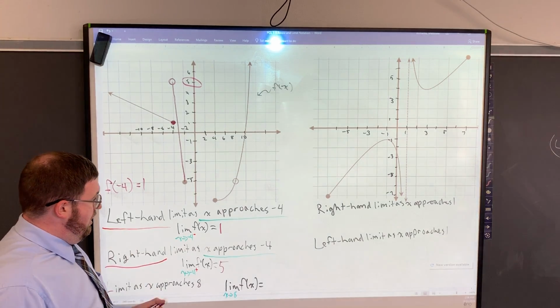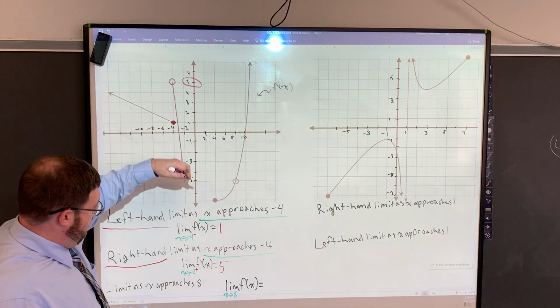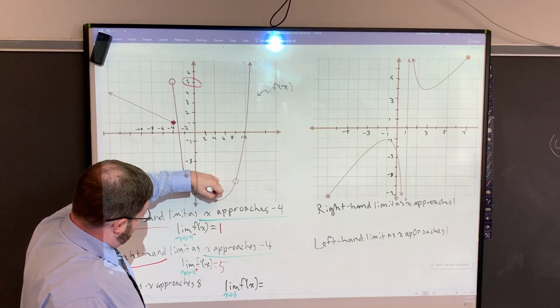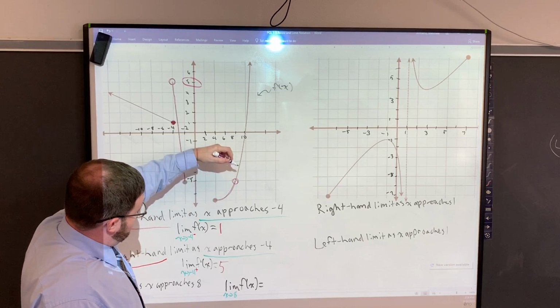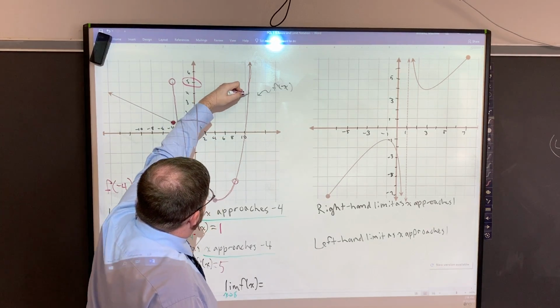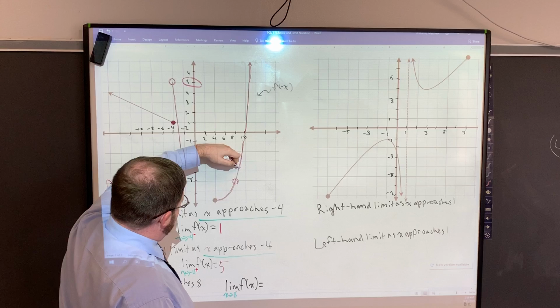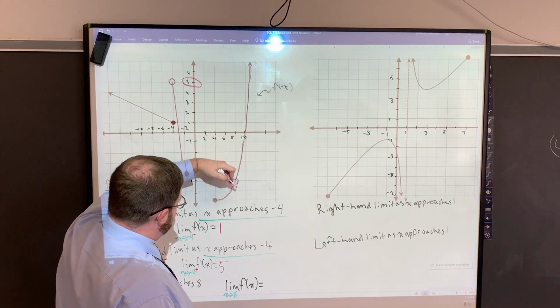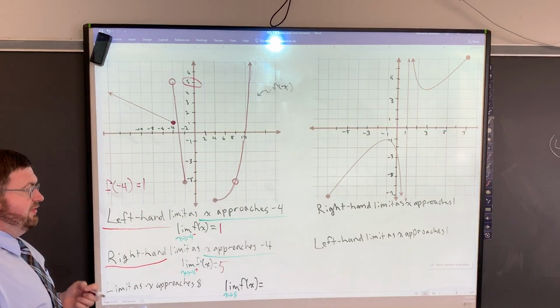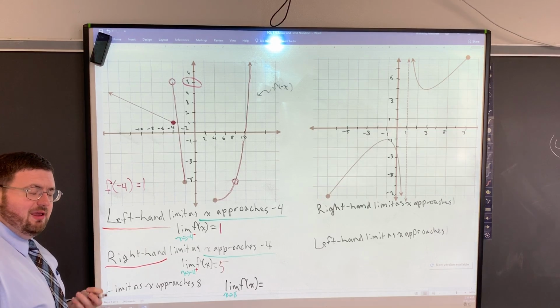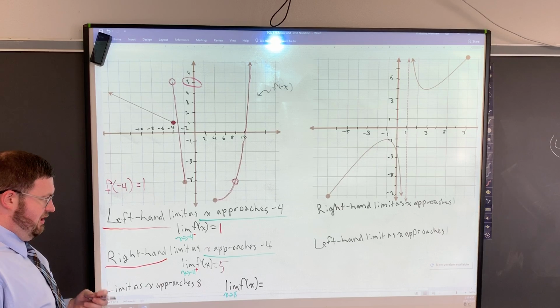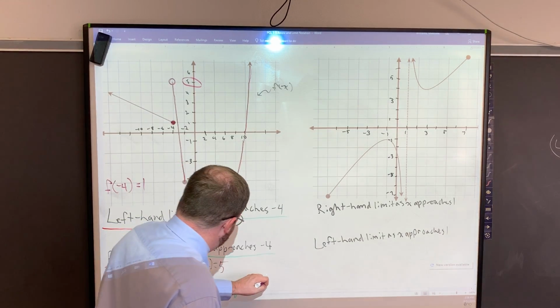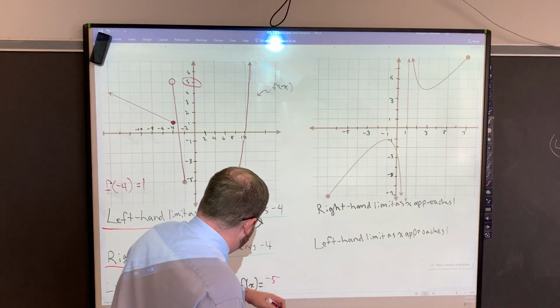The reason why is because if we look, if you start on the left and go toward an x value of 8, you get close to here. If you start on the right and go toward an x value of 8, you get close to the same thing. If the left-hand limit and the right-hand limit are the same, you do not have to specify whether it's left hand or right hand, and that y value is -5.